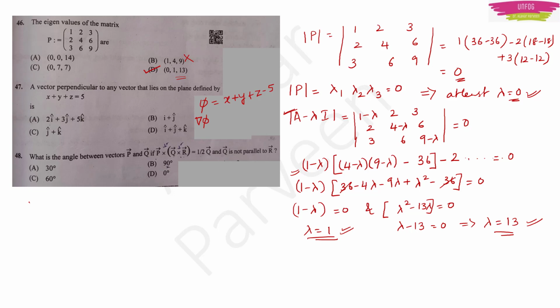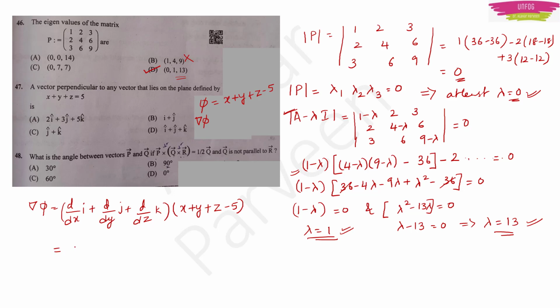I will write it here. So del phi will be equal to d by dx into i plus d by dy into j plus d by dz into k, acting on the given function x plus y plus z minus phi.